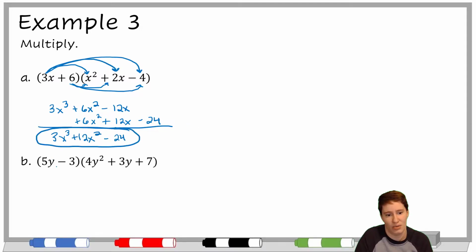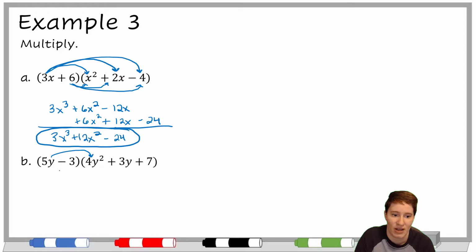And now we're going to do 5y times 4y squared. If you're in my class and you have the notes page for this and it says x is in the second parentheses, just pretend it doesn't and change those to y's, please, because I did not mean for them to have different letters.